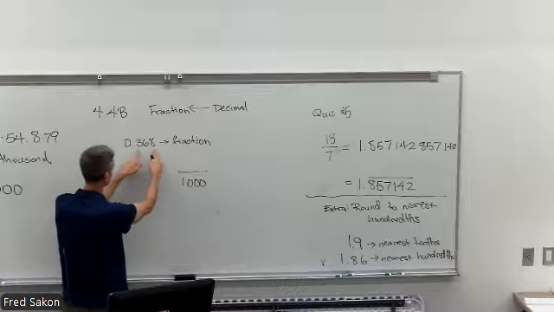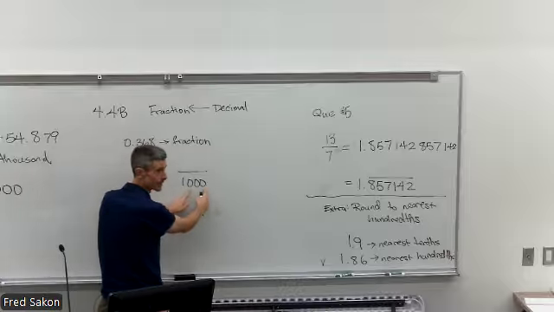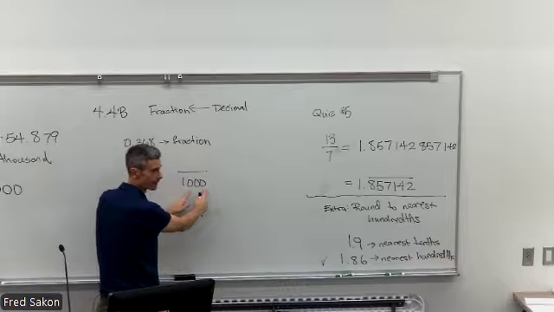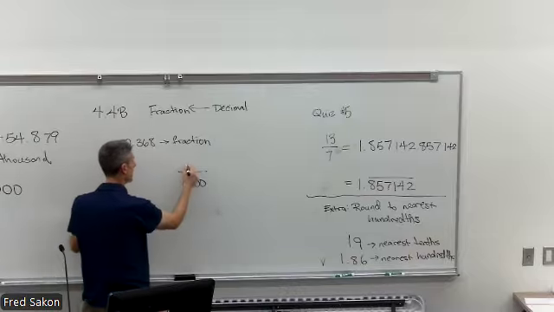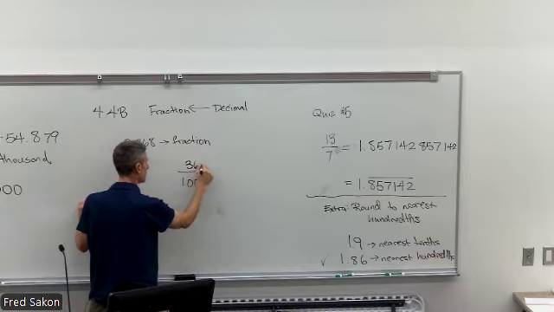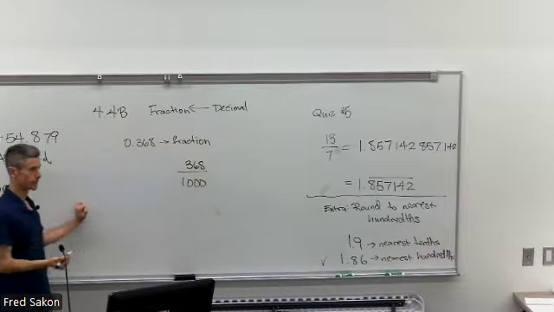And you can kind of see there's a mapping between how many digits and how many zeros we have here. Thousandths corresponds to 3 digits. And then we place that on the top.